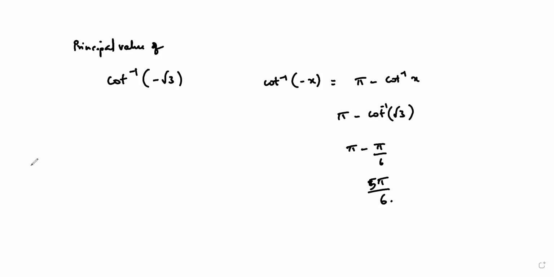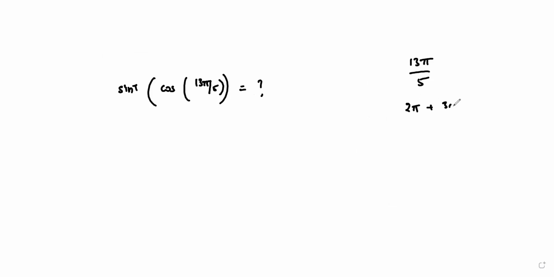Next question. Find the value of sin inverse of cos of 13 pi by 5. First of all, I will try to write what is 13 pi by 5. So 13 pi by 5 can I write as 2 pi plus 3 pi by 5?